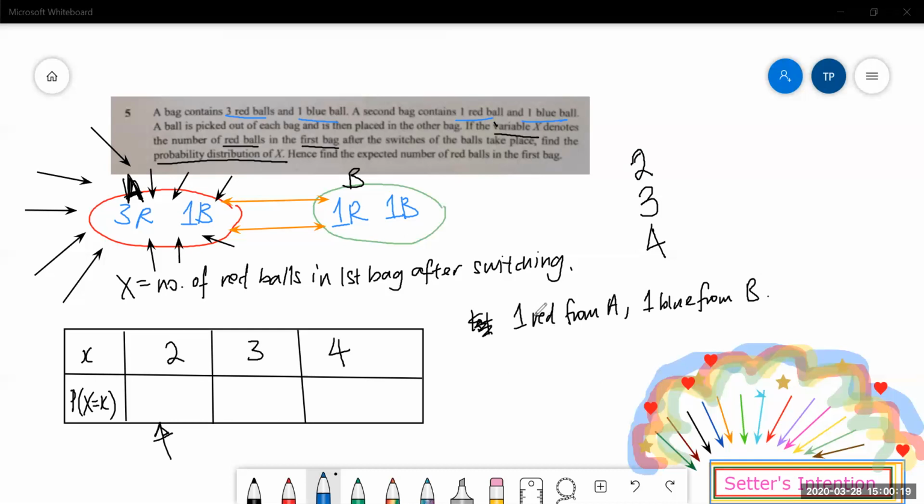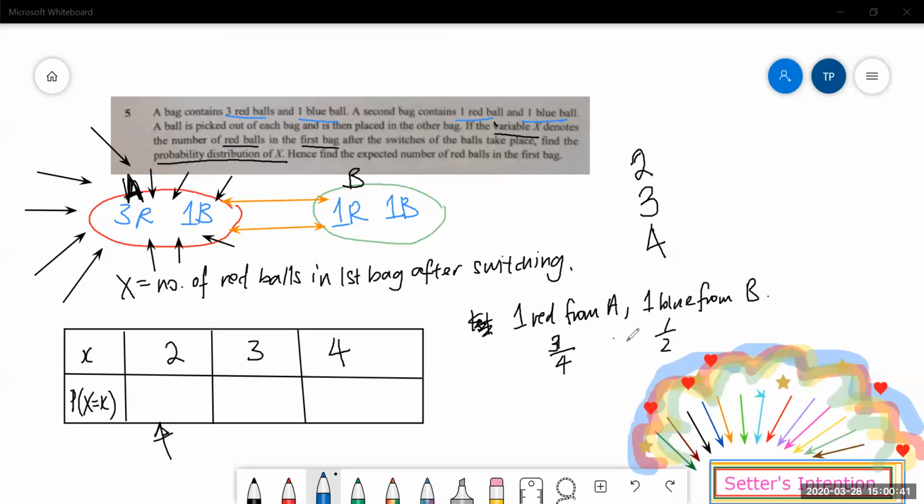So what's the probability of taking 1 red from A? Is 1 over 4. Sorry, it is 3 over 4. Probability of blue, 3 over 4. Times what? That's half.